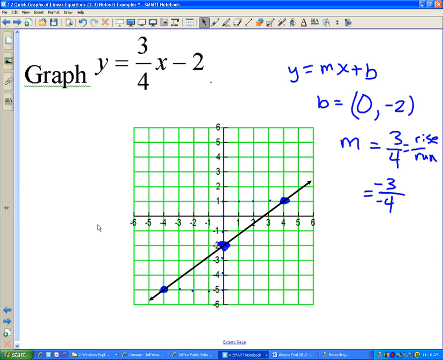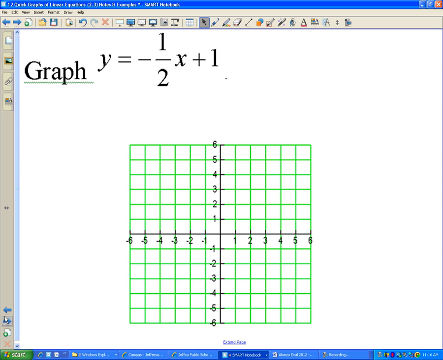There's my quick graph. Again, y equals negative 1/2 x plus 1. Remember, excuse me, my y-intercept is (0, 1). My slope is negative 1 over 2. (0, 1) is right here. Negative 1/2 is down 1, right 2, down 1, right 2.